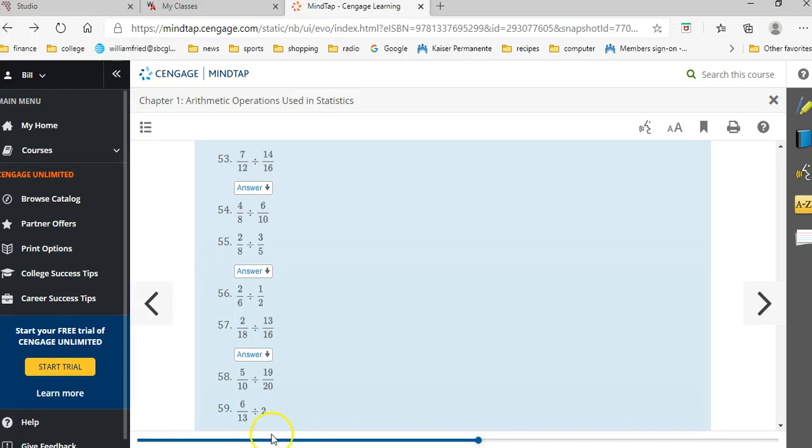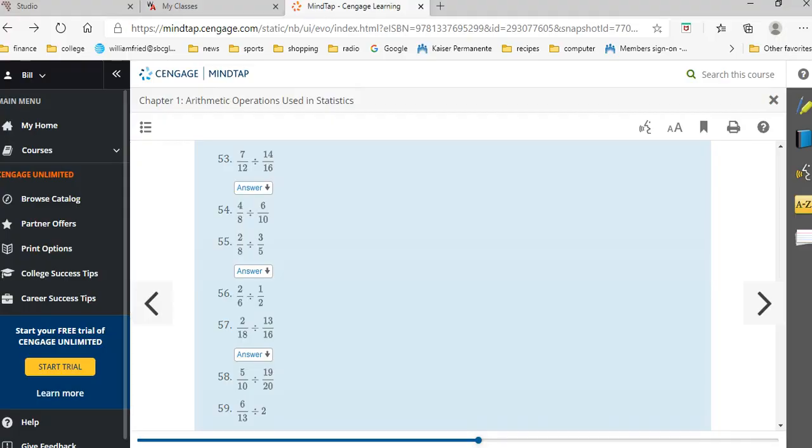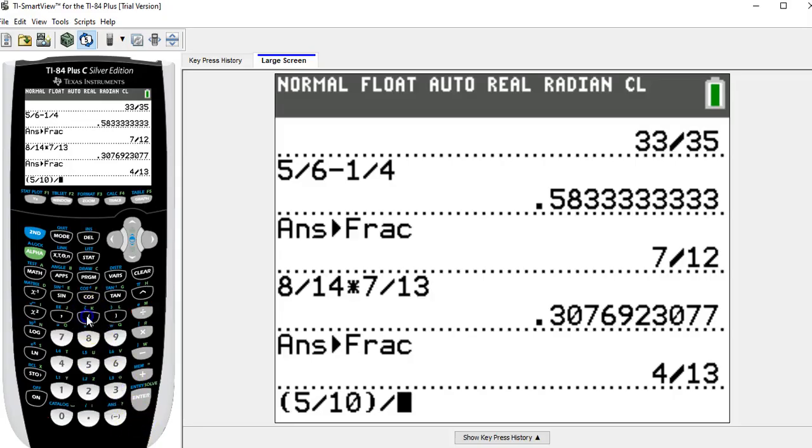So if I do 5/10 divided by 19/20, start with the parentheses, 5/10, 5 divided by 10, close the parentheses, divided by, what was it? 19/20, parentheses, 19/20.